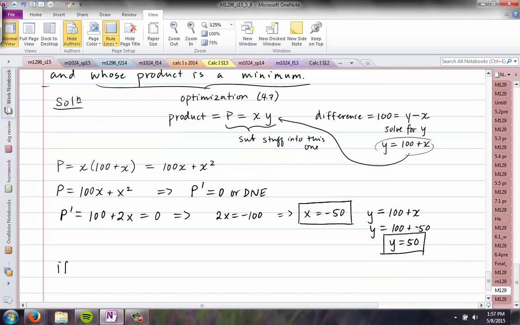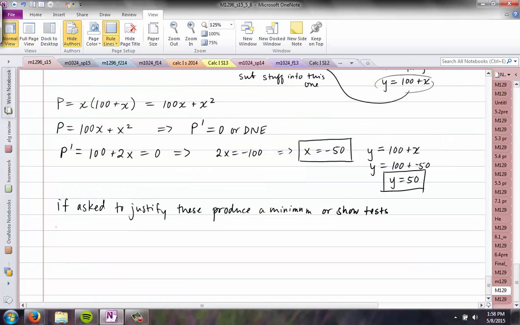Since I have time here, instead of just talking about it, I'll show, if asked to justify, that these produce a minimum. We're going to show the test. One idea here is the first derivative test.